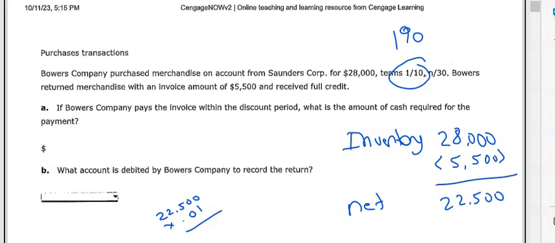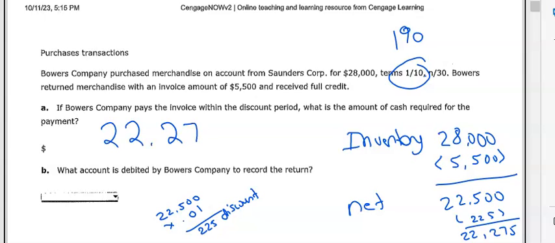When we do that, we get 225, and that's the discount. So that's the amount that we can subtract out. So we have 22,500 minus 225, which is 22,275. So that's the answer. That's how much we would need to pay if we paid it within the discount period. So that's the amount of the inventory minus what we returned to them, and then with the discount.